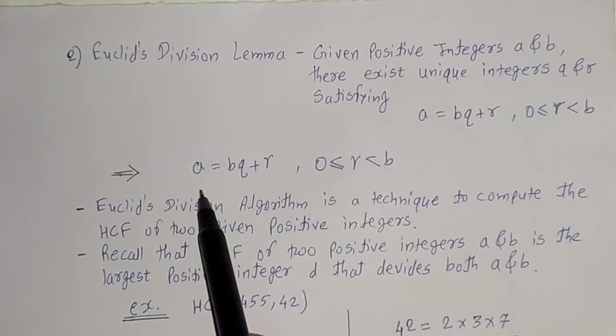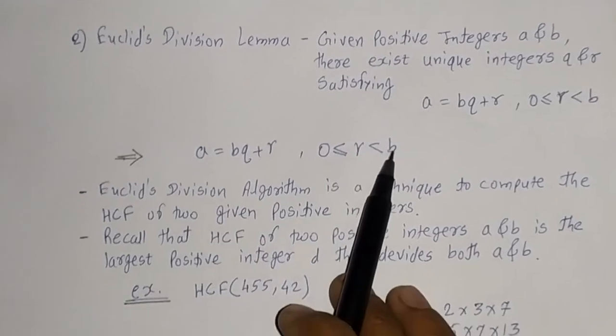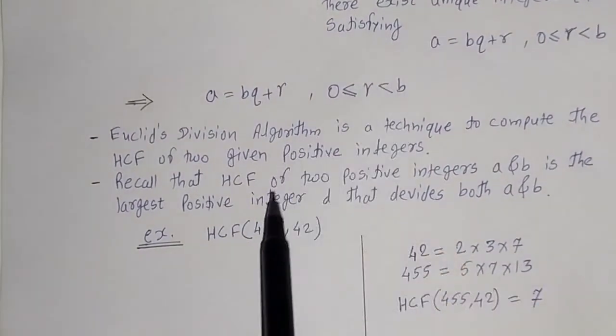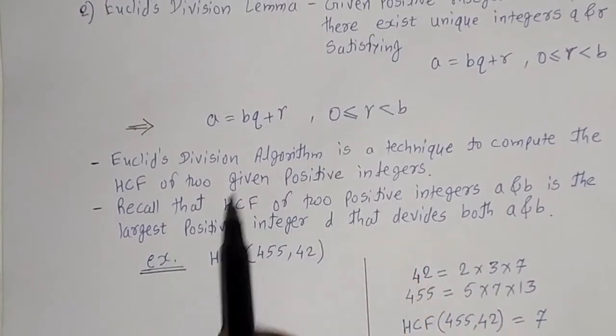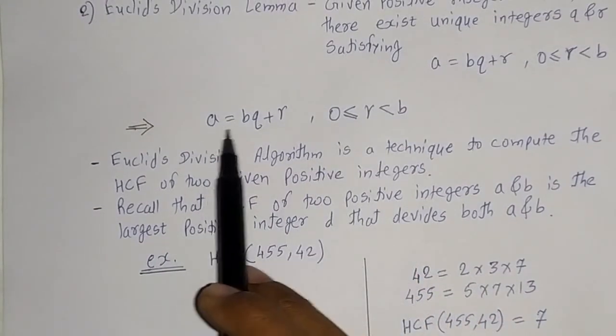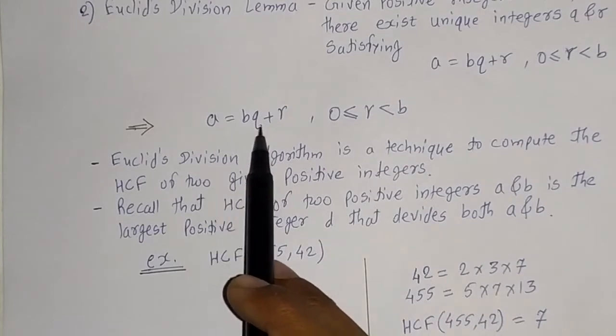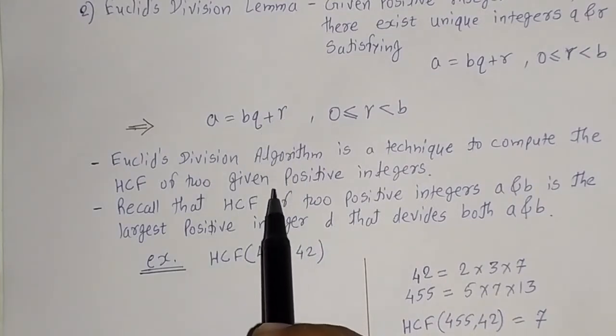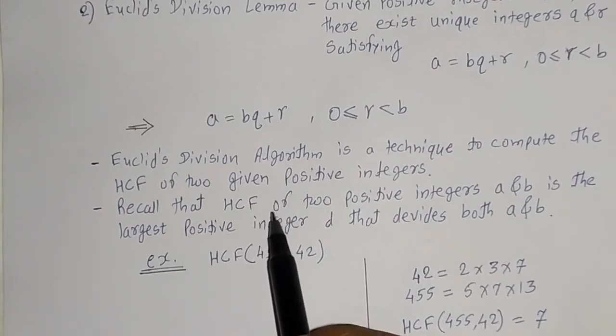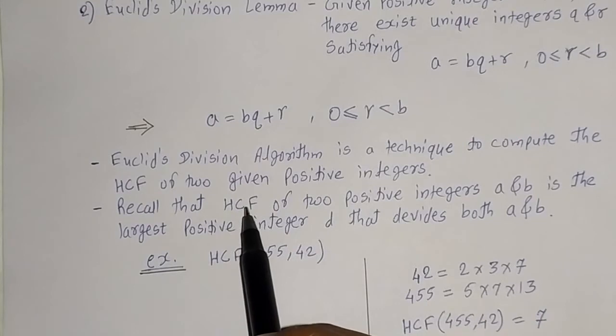What is the significance of this theorem? Don't bother about these relationships, we will be seeing these terms a, b, q and r. Just focus on the theorem, how we will be using this.